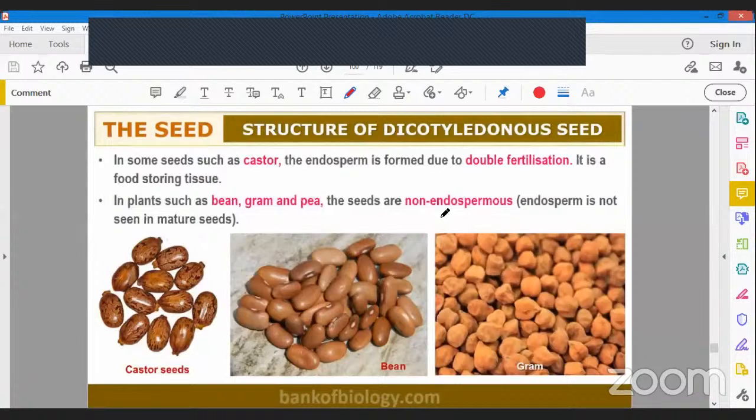So write down. Take it down. It's very important for NEET.